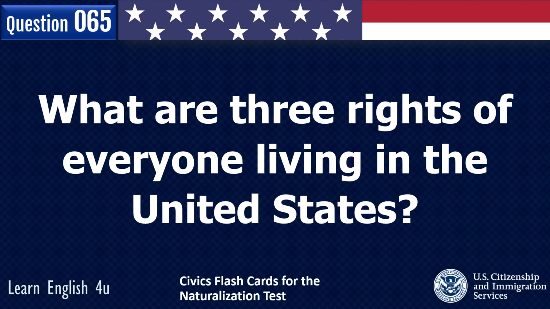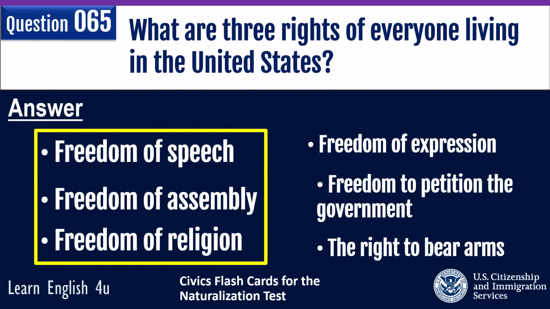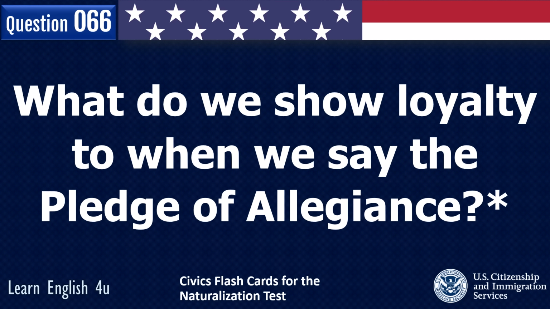What are three rights of everyone living in the United States? Freedom of speech, freedom of assembly, freedom of religion. What do we show loyalty to when we say the Pledge of Allegiance?